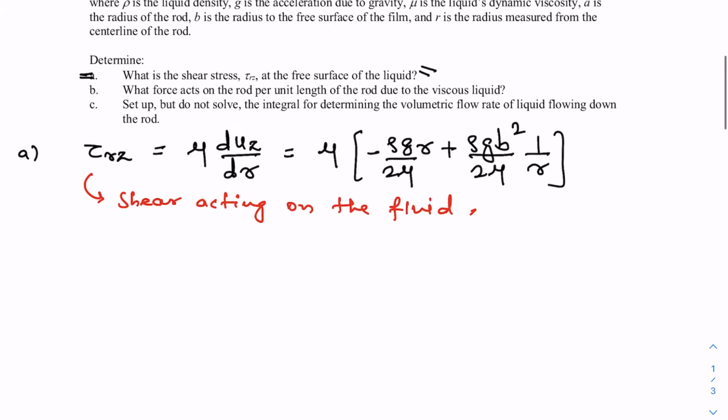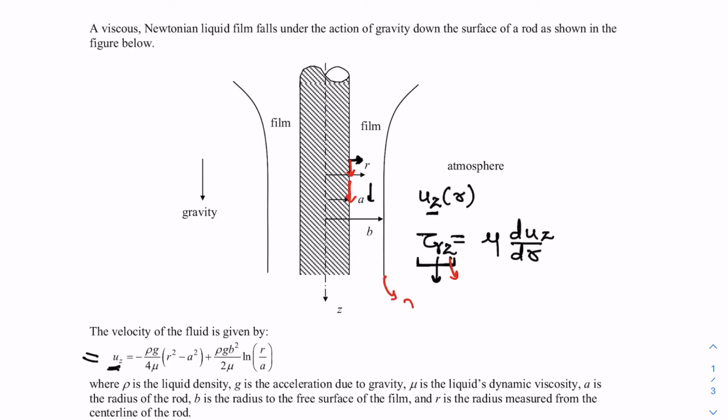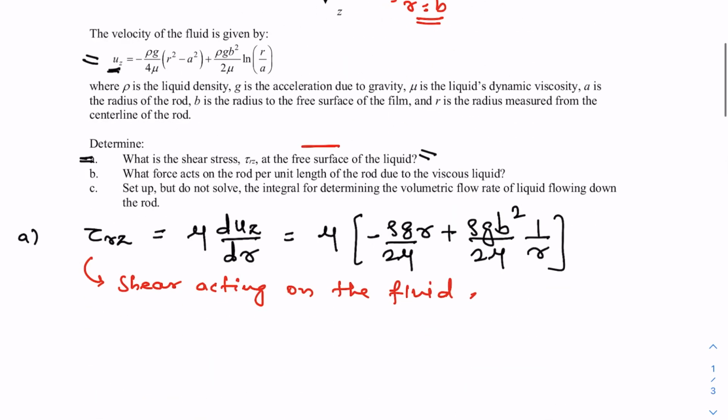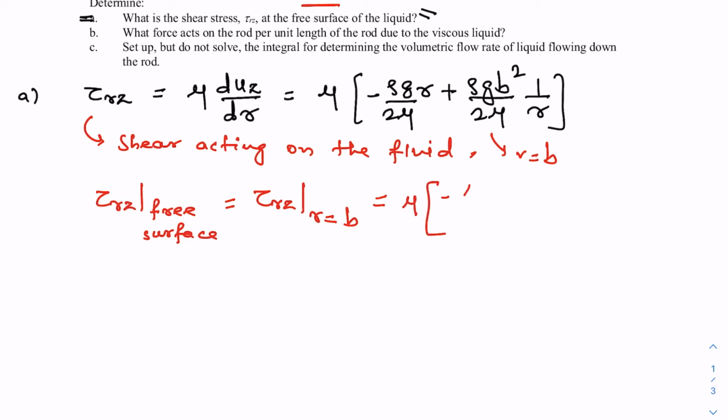And now to find the shear stress acting on the free surface, if you look at the free surface, r is equal to b. So you just need to substitute r equal to b in this calculation. So tau rz at the free surface is equal to tau rz at r equal to b, and it comes out to be mu times minus rho g b upon 2 mu plus rho g b square upon 2 mu times 1 by b.